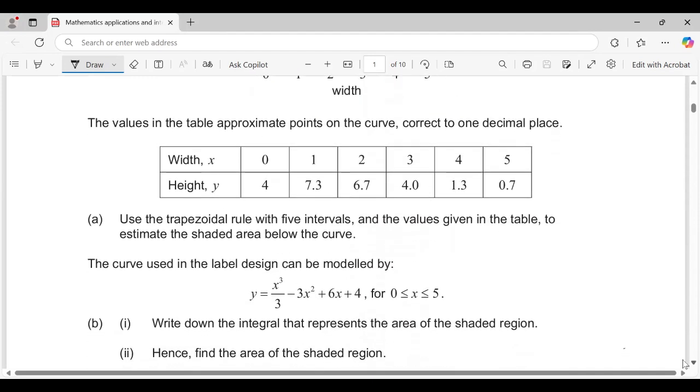The values in the table approximate points on the curve, correct to 1 decimal place. Use the trapezoidal rule with 5 intervals and the values given in the table to estimate the shaded area below the curve.